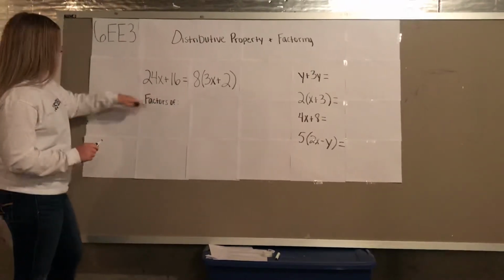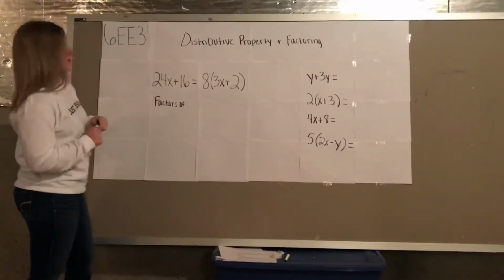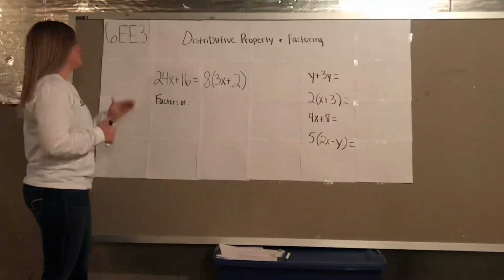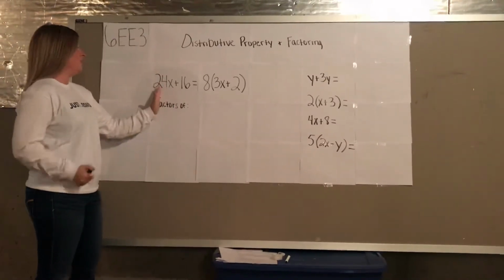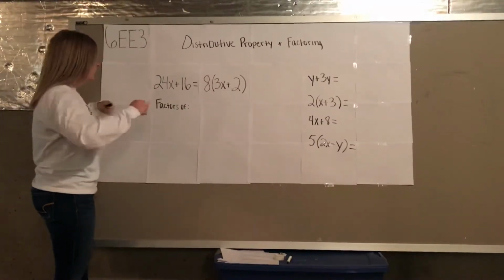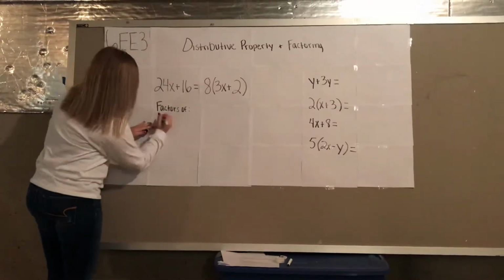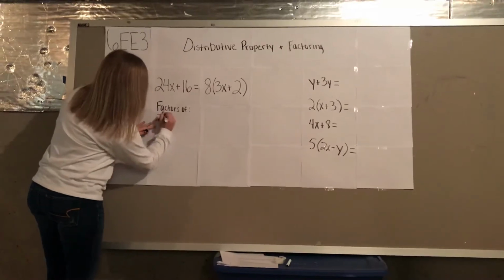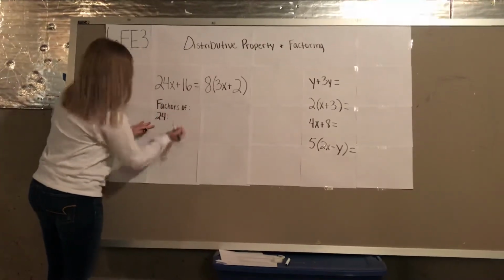So we're going to start with this right here. 24x plus 16, and in order to factor, you're going to see what two factors multiplied together equal the two numbers. So first we're going to start with 24. I'm going to list the factors that make up 24.